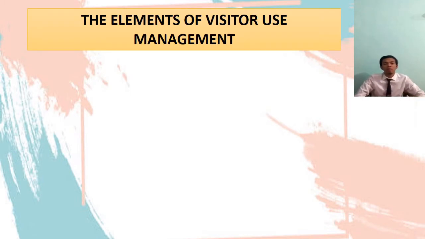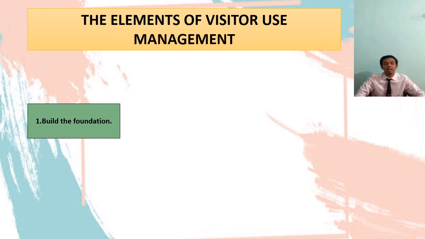Today, I would like to tell about the elements of visitor use management. This framework is divided into 4 major elements. First, build the foundation. The first of the 4 elements is to create the base. It helps to explain why a project is important and how the project is best tackled.